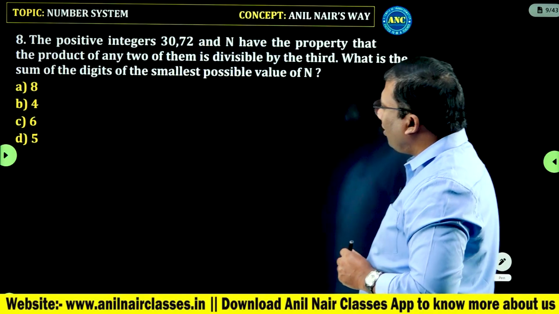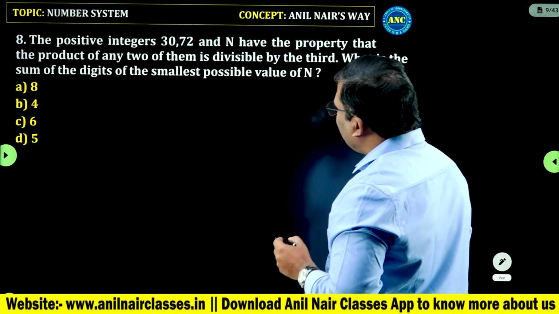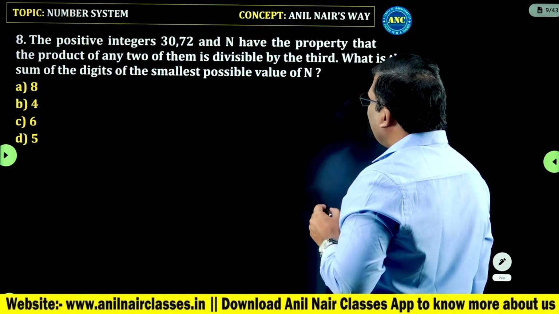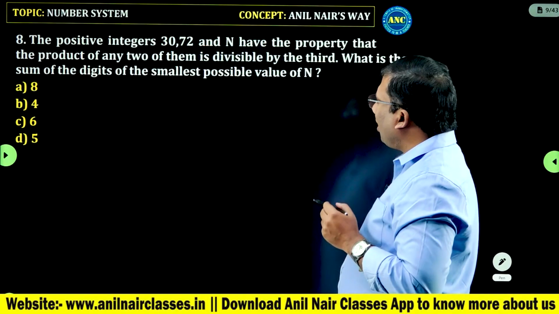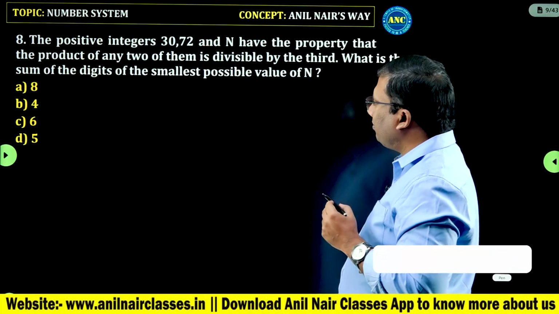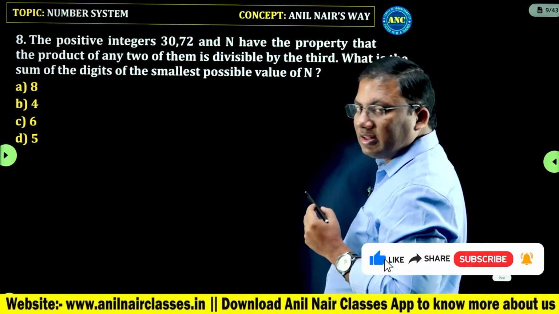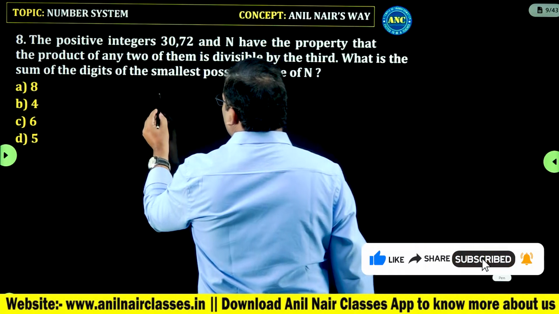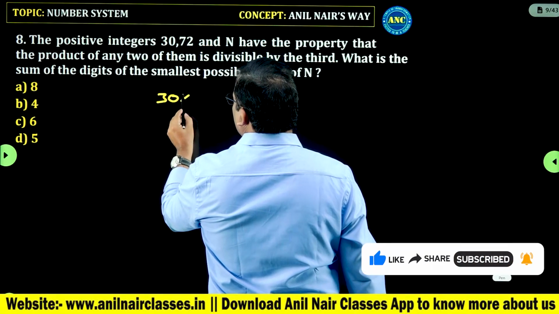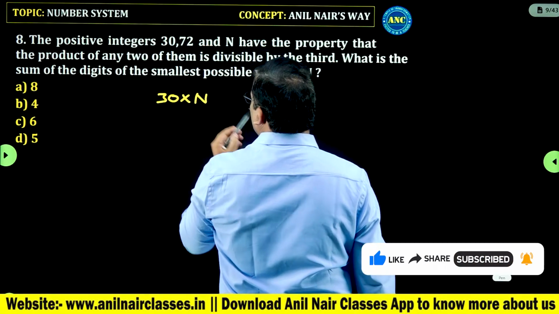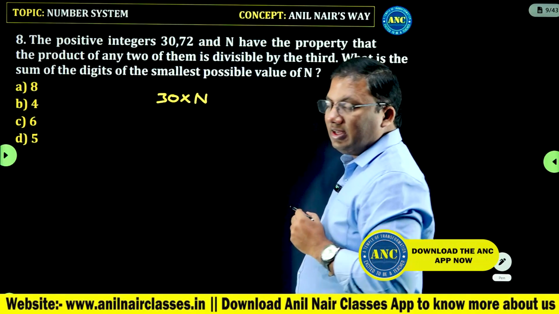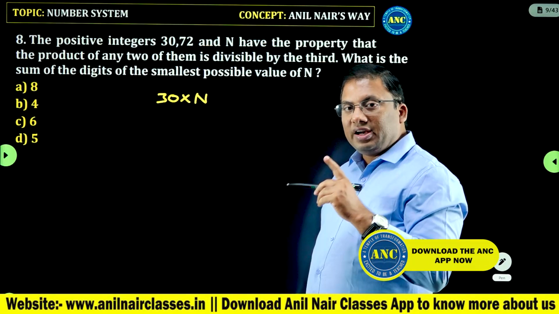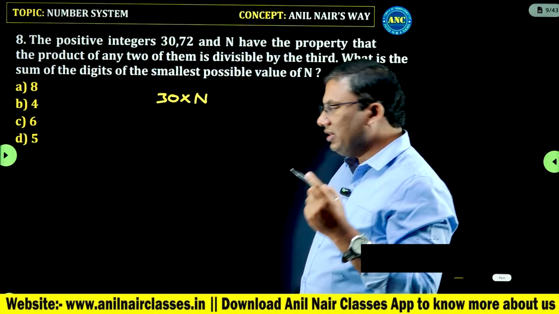Next one: the positive integers 30, 72 and n have the property that the product of any two of the numbers is divisible by the third. There are three numbers 30, 72 and n. You multiply any two, it is divisible by the third.